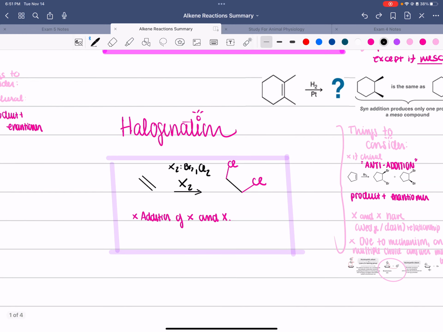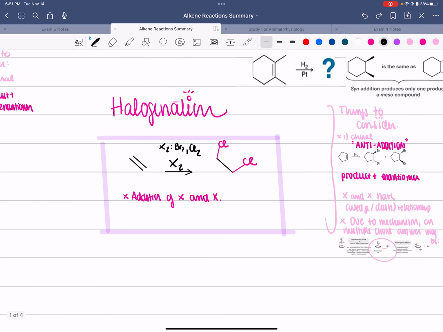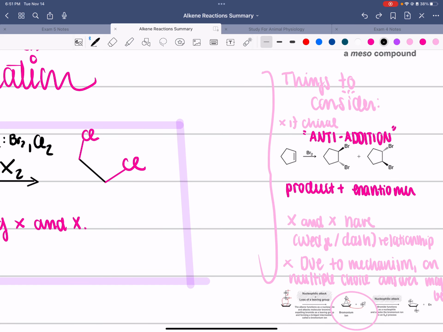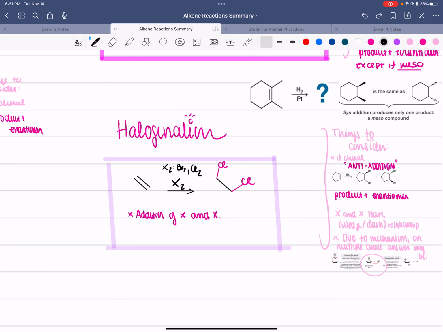Okay, next, we have halogenation reaction. So that is when we add a halogen on both sides. So it's addition of X and X, like you can see here. So some things to consider: if it's chiral, it's actually gonna do an anti-addition.